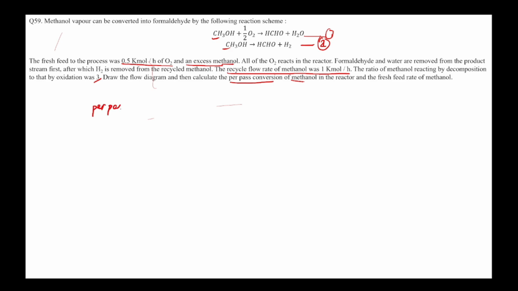Okay, so the very first thing we see is what is per pass conversion and overall conversion. What is the difference? For that we have to draw the diagram. So suppose this is the reactor in which these two reactions are taking place.